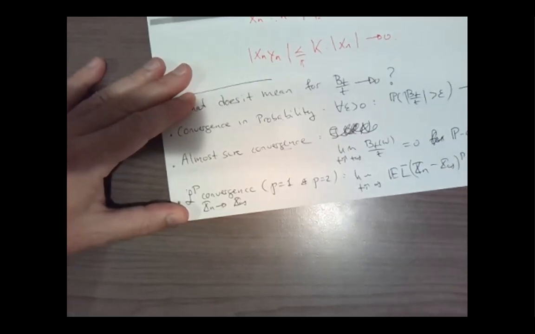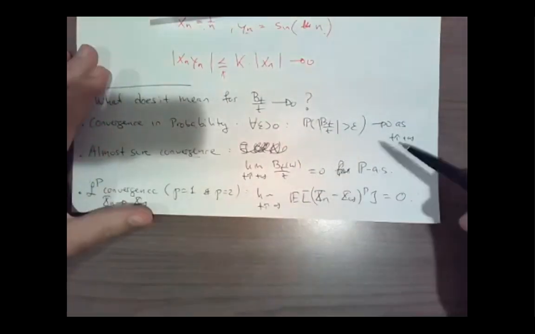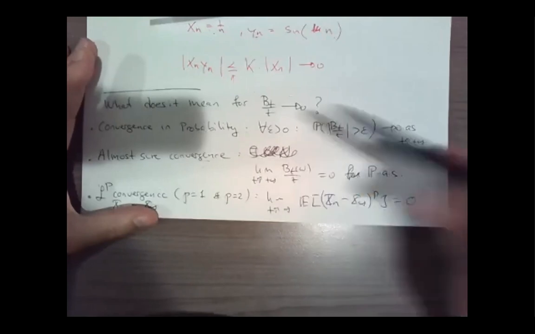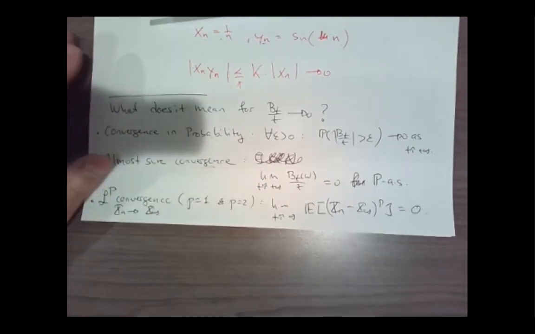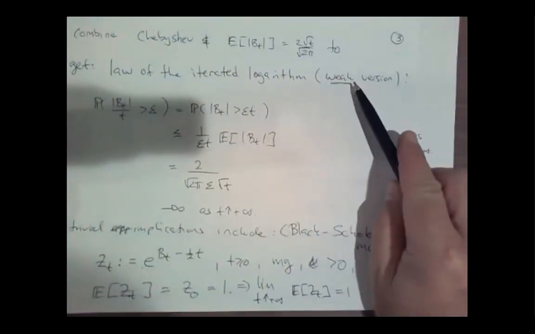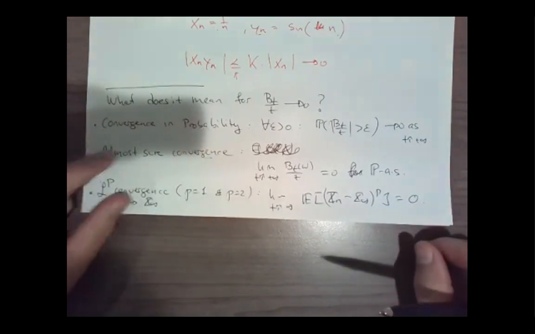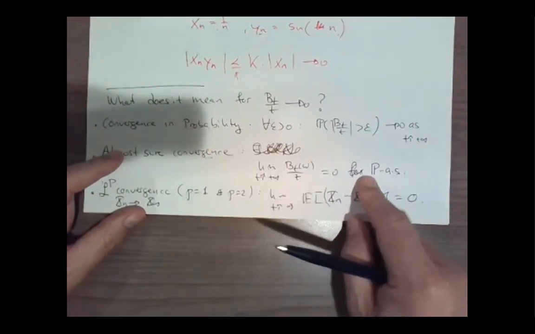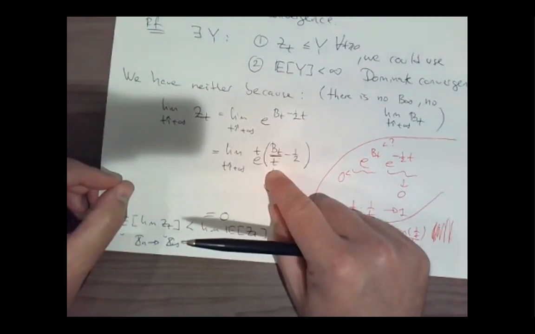Maybe I should call it X_n instead of t. So X_n goes to X_infinity if the expectation of the difference raised to the power p goes to 0. So there are many different types of convergence, and here are three of them. The one I showed you is the weak version, convergence in probability. The one I wrote down is almost sure. So I cheated, and you caught me.